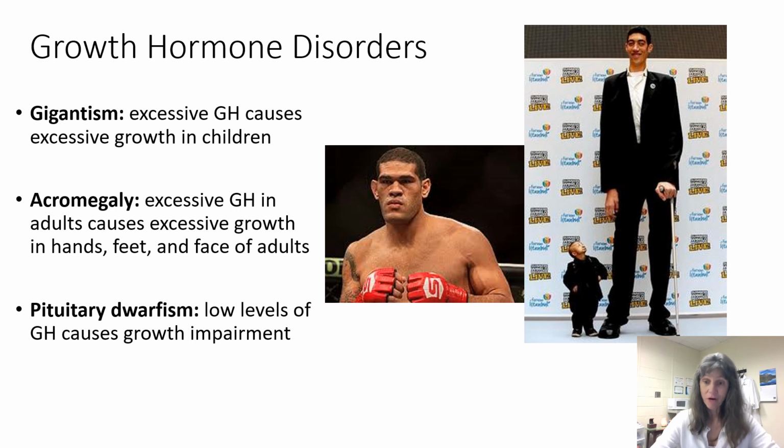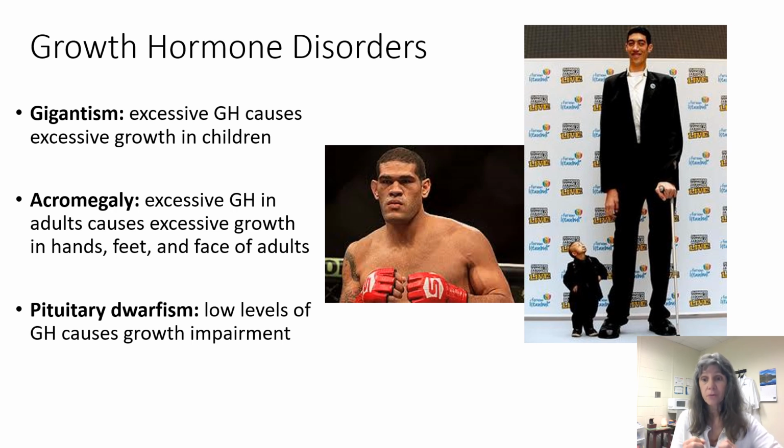You may remember from ANP1 that if there is too much growth hormone in the body before growth plates close, that can cause a condition known as gigantism. And if there's not enough growth hormone in the body, that can lead to a condition known as pituitary dwarfism.